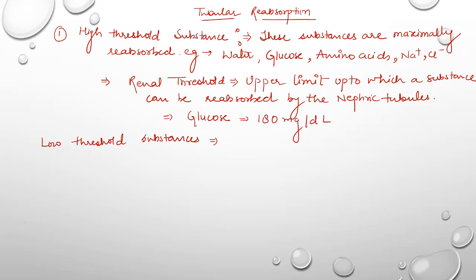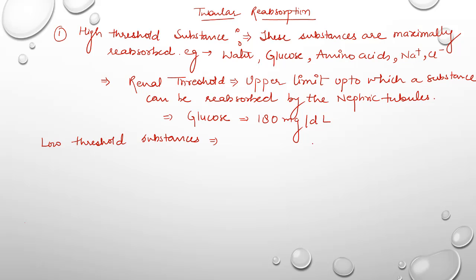It can be decided by the body because everything is dependent upon the feedback mechanism, right? So whether it's required or not required, it is very important to understand why it is necessary. Okay, it is necessary because if the substance is reabsorbed, it becomes part of the blood again, and the body can reutilize it.